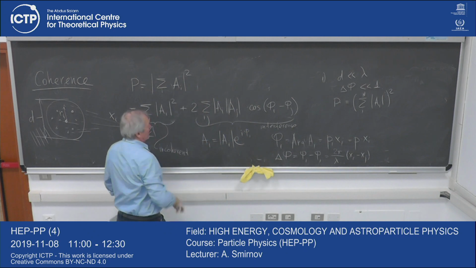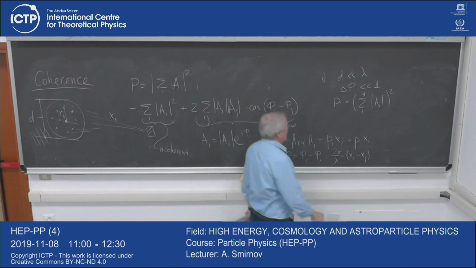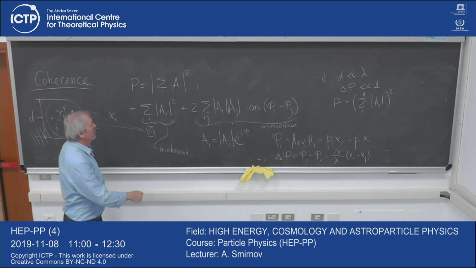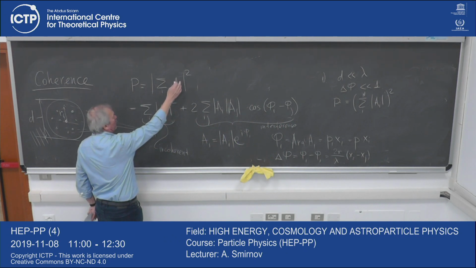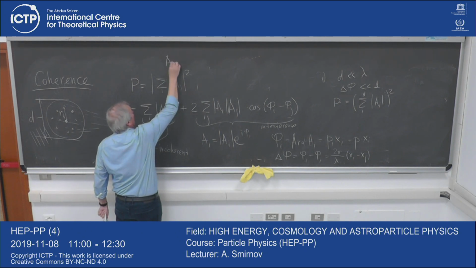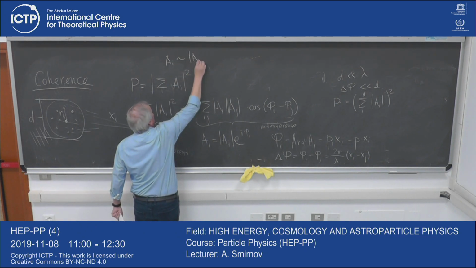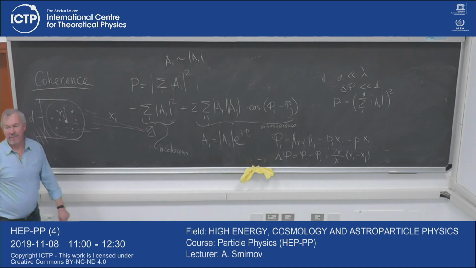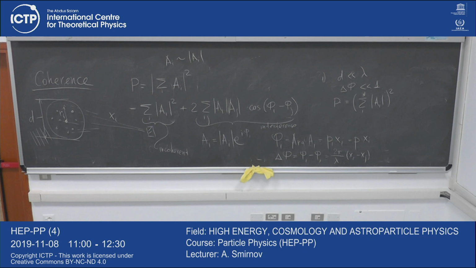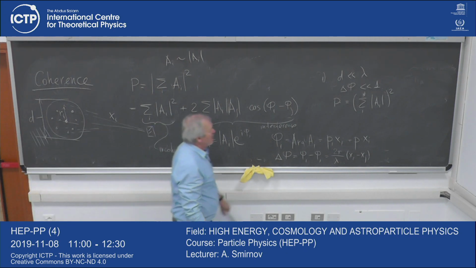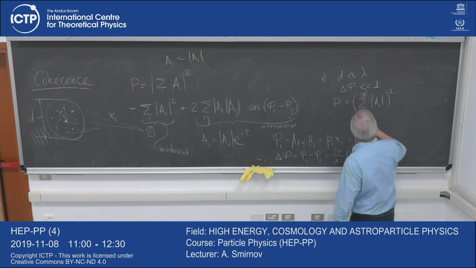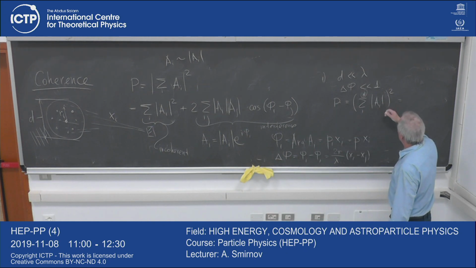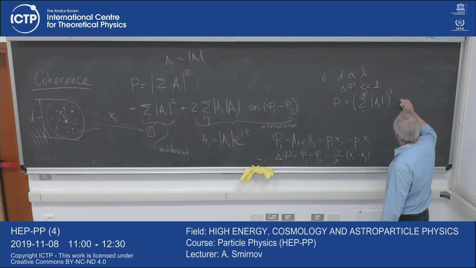If the phase differences are not important, then we just remove these phases and use the absolute values. So if I have the same number of scatterers n, and the same amplitude for all the scatterers, then this probability will be proportional to n squared.